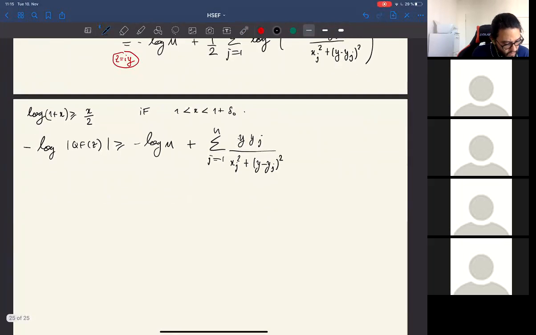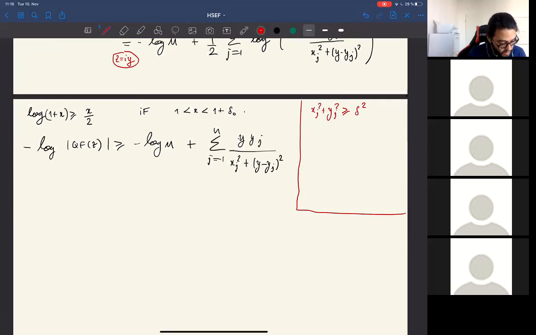Okay, and then what you can do is realize that we do know that 0 is not an accumulation of points, so maybe I can do something here. That is an assumption: the origin is not an accumulation of the zeros. Therefore, we do know that xj squared plus yj squared is always greater or equal than some delta squared, for instance.